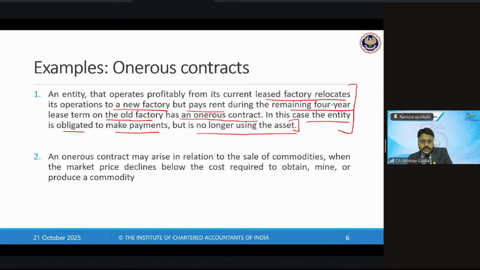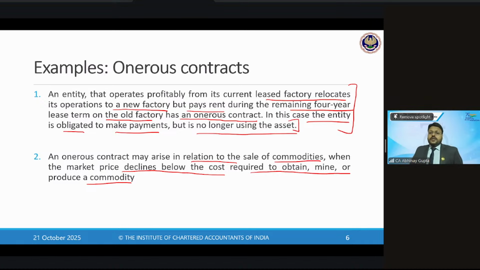An onerous contract may arise in relation to the sale of commodities when the market price declines below the cost required to obtain, mine, or produce a commodity, right? So the contract was to sell a particular commodity to another party at an agreed price, but suddenly the price of that commodity has fallen significantly, right?